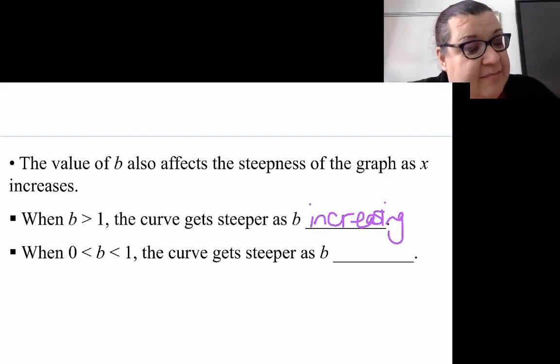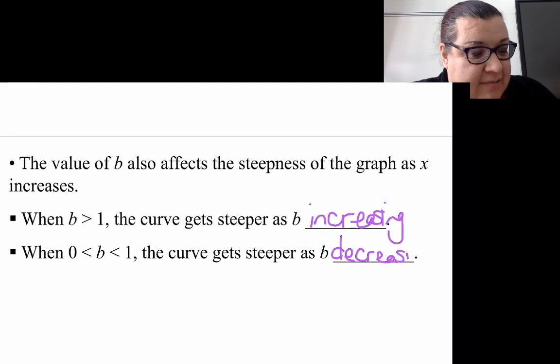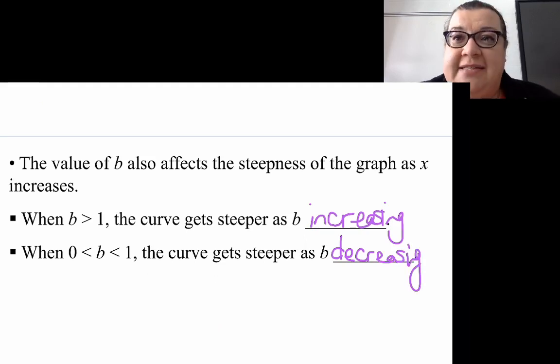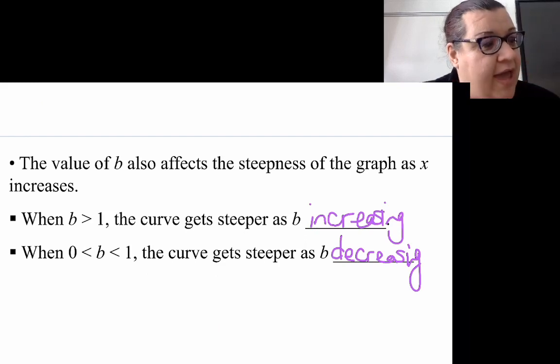So the smaller the value of b when it is a decimal. So a graph with a base of 0.1 to the power of x is going to be much steeper than 0.8 to the power of x. Okay, again, we've seen all this. We're just putting it into summary charts.